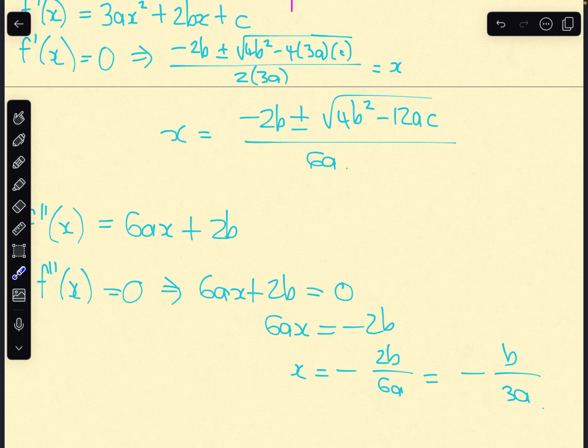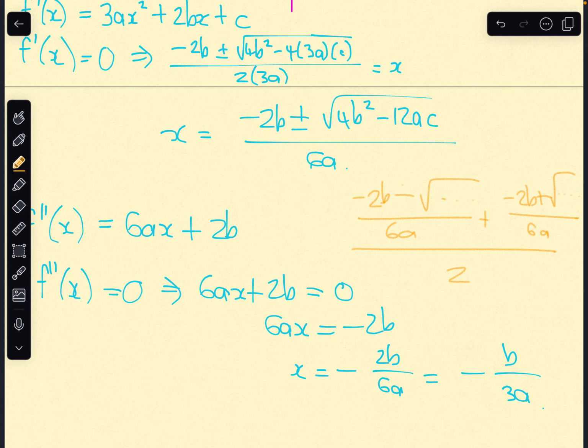And you can see that that is true, because the average will be minus 2b minus the big square root thing over 6a, plus minus 2b plus the big square root over 6a, and then we halve that to get the average between the two.